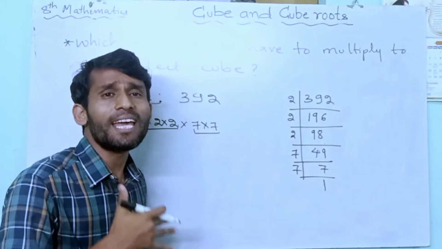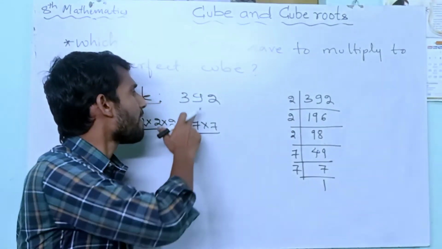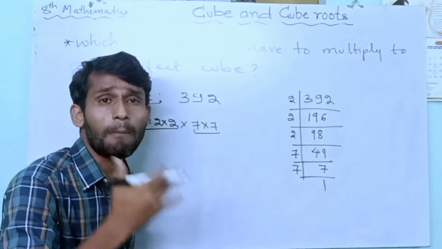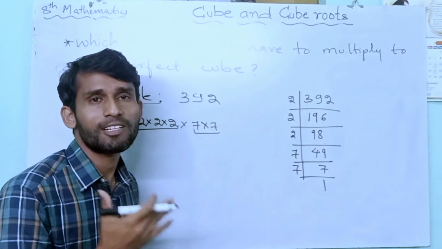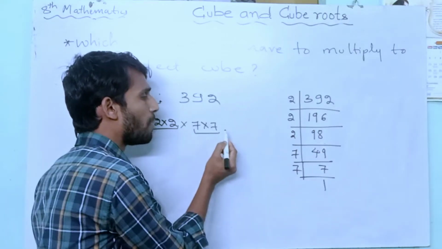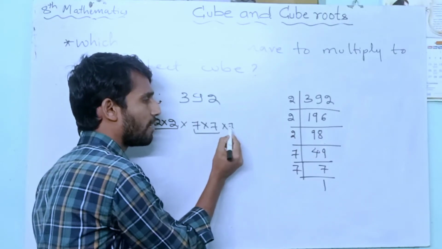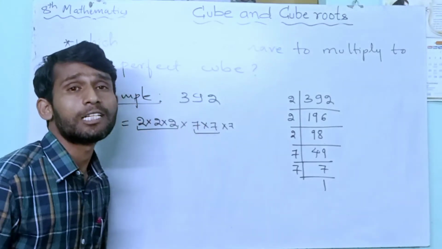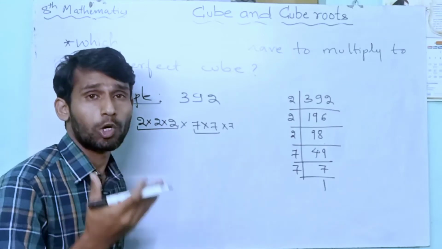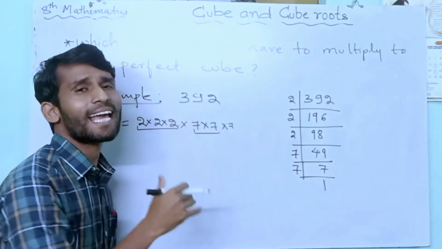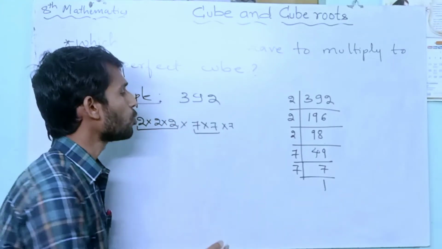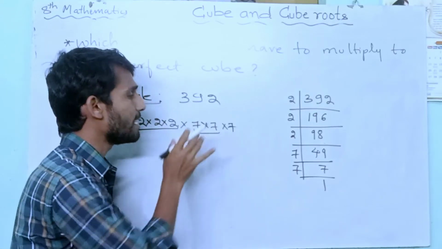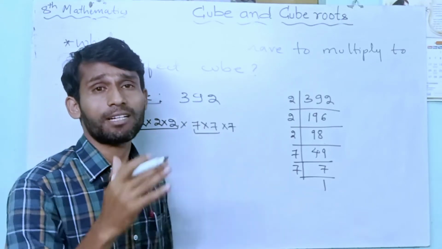To make 392 a perfect cube, which number do we have to multiply? Dear student, if you multiply by 7 only one time, you will get 392 as a perfect cube. Then it becomes a perfect cube.